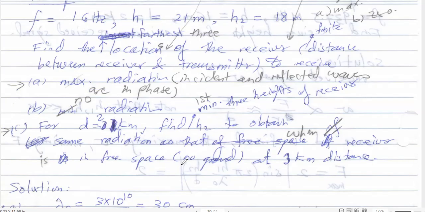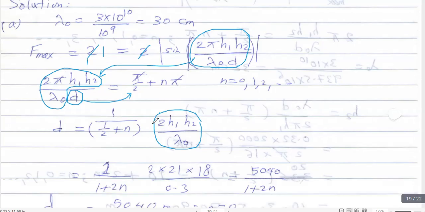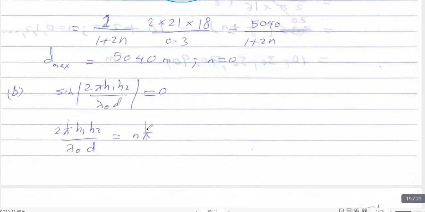Now part B, find the 3 farthest locations for no radiation received. There is radiation, but we do not want to receive radiation. This means that the path gain factor is 0 and sine is 0, and the angle should be n pi.